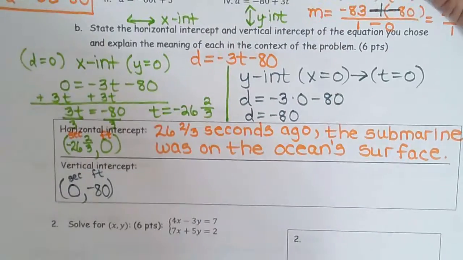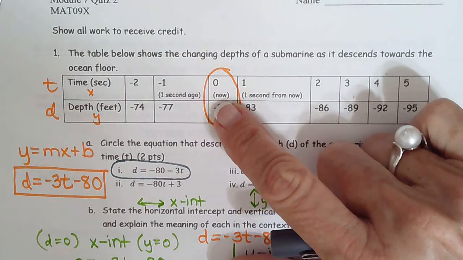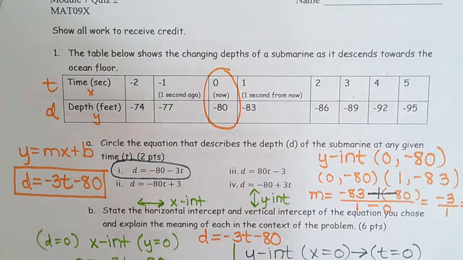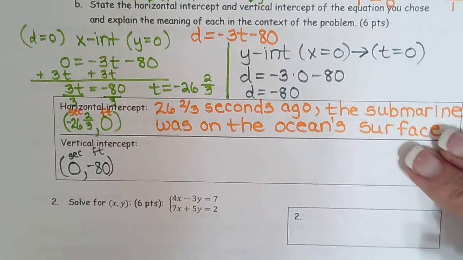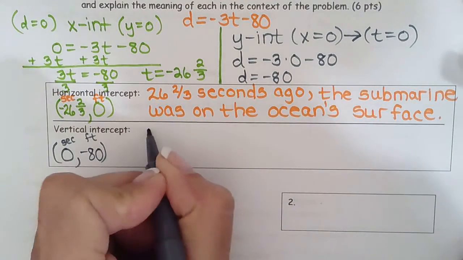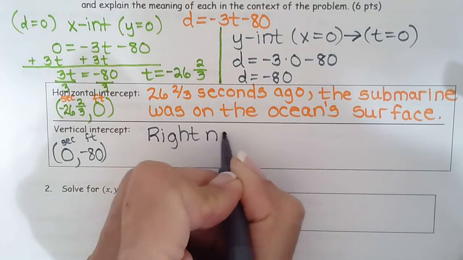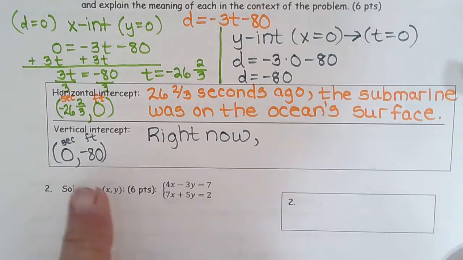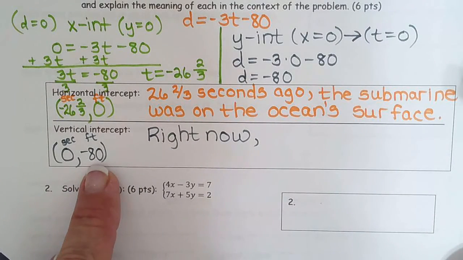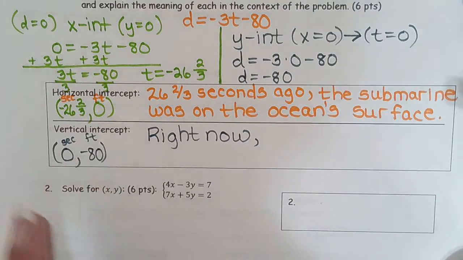So if you look at the table again for the verbiage, 0, when you're writing about it, is right now. So on this one, you wouldn't say 0 seconds ago. You would say right now, or at the present time, the submarine is where? 80 feet. What word can we use for the negative? Below the ocean surface.